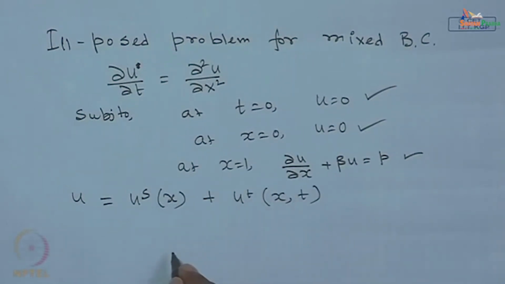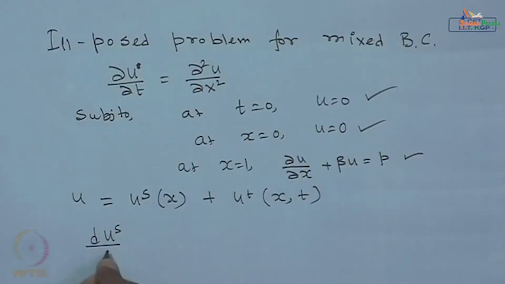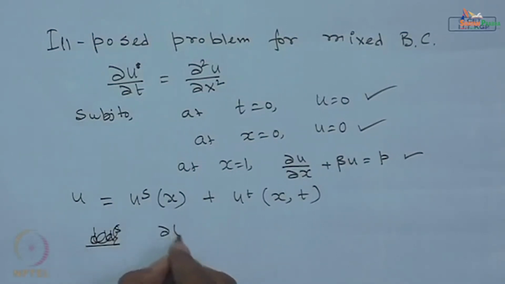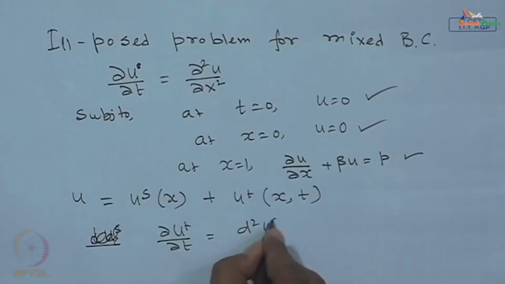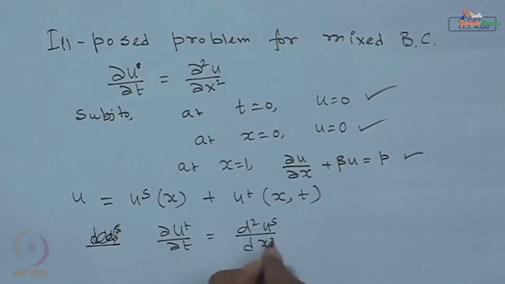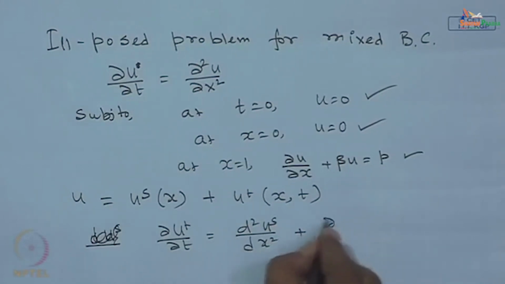Now, you substitute this in the governing equation. This becomes del u t del t, because u s is a function of space alone, equal to d square u s d x square plus del square u t del x square.